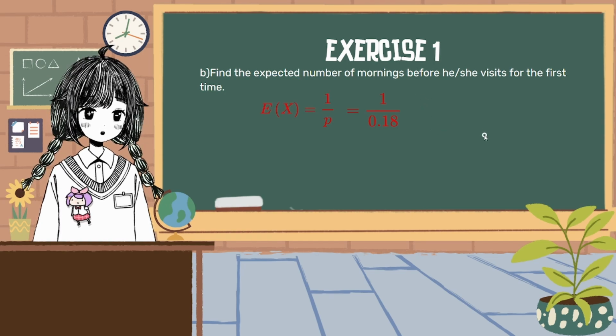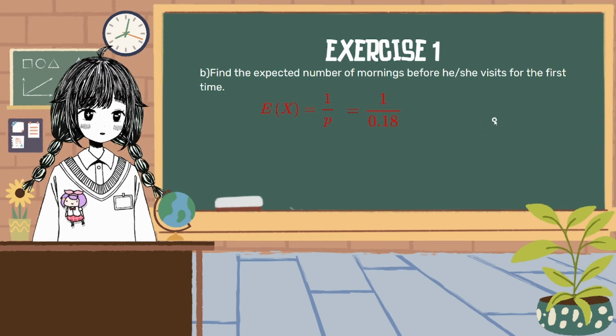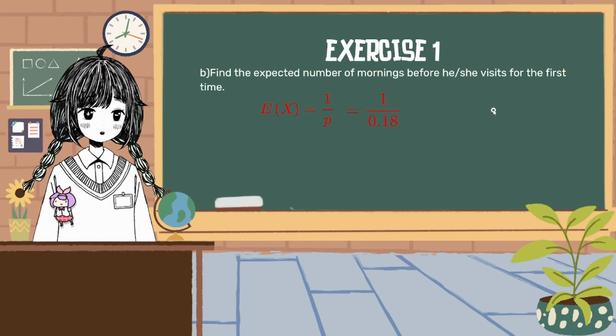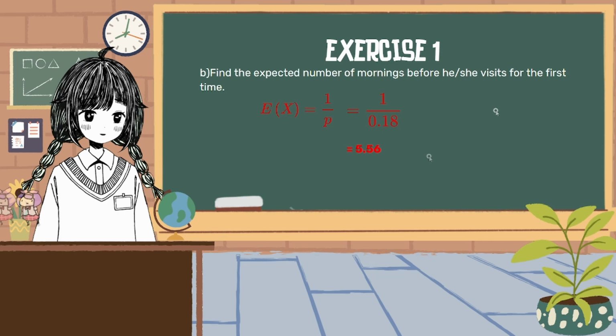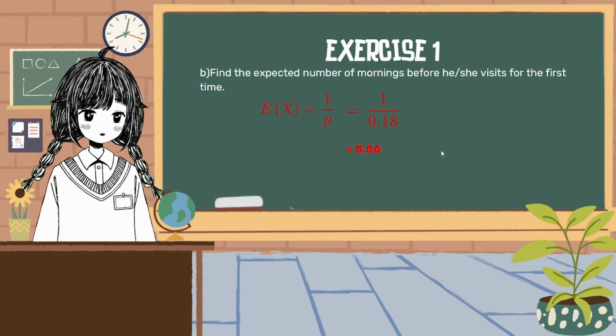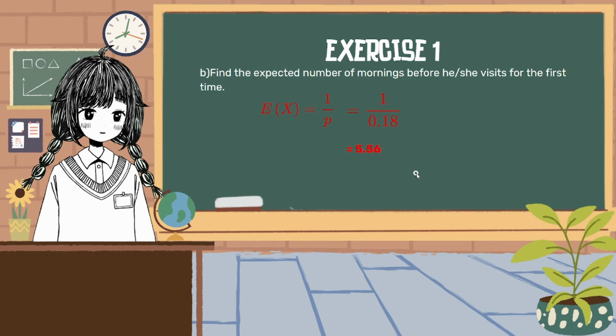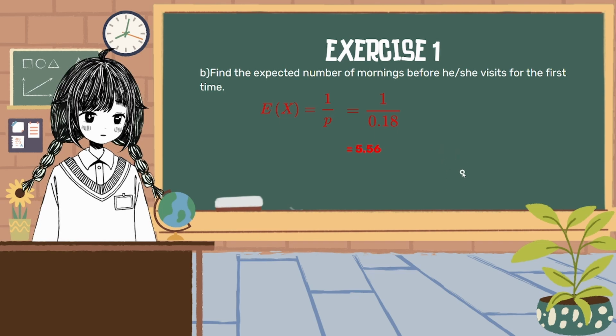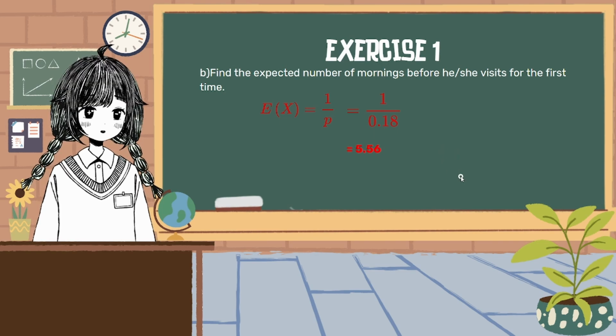So yeah, just use the mean formula for geometric. We already know P is 0.18. Final answer is 5.56. This means on average, if we observe this cafe many times, we expect to wait about 5 to 6 mornings before seeing the first office worker visit.